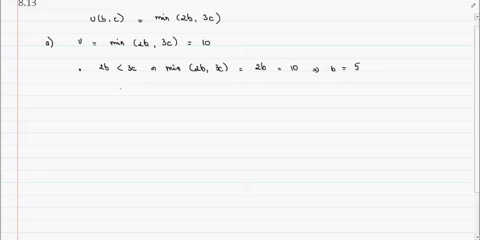So this is the case where b equals 5, and therefore 3c has to be bigger than 2b, which is 2 times 5 equals 10.